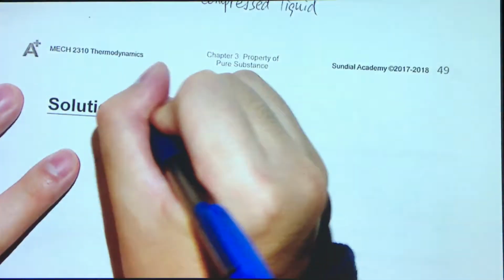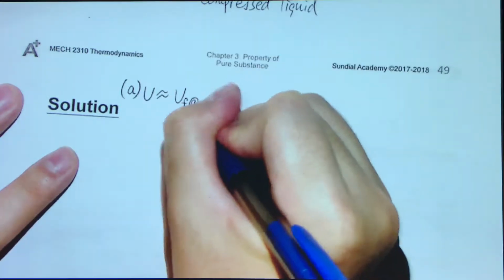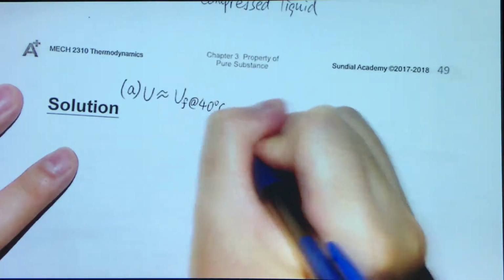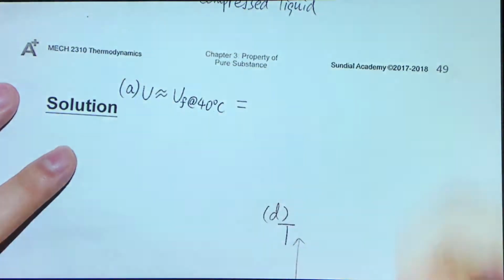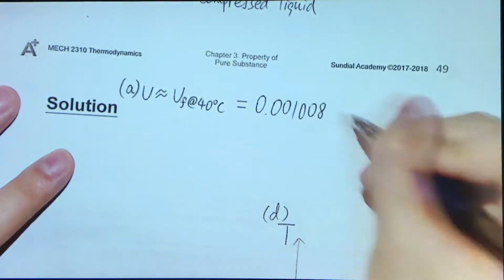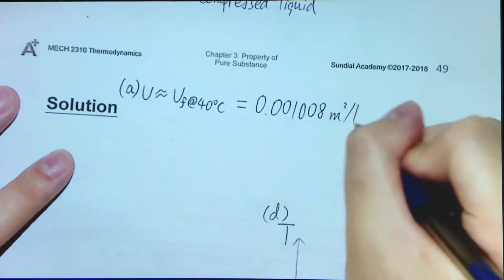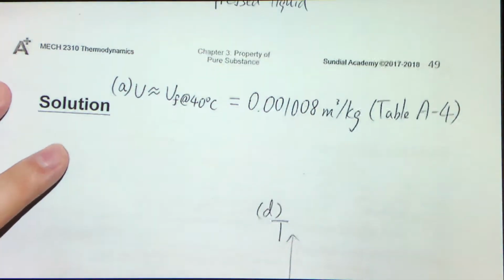The specific volume will be approximately equal to the specific volume of a saturated liquid at that temperature, 40 degrees C. Just check the temperature table. You will find that it equals 0.001008 meter cubed per kg, and this is from table A4. After that, we find the mass.